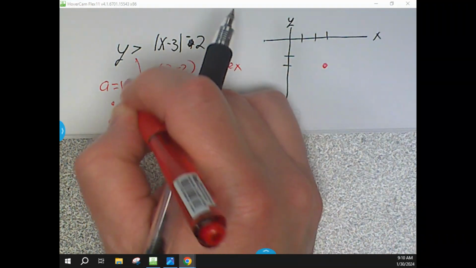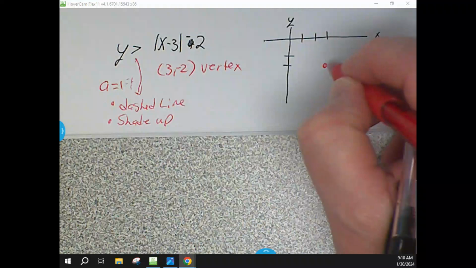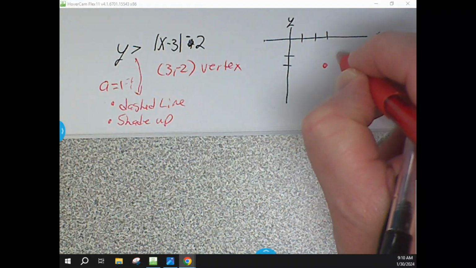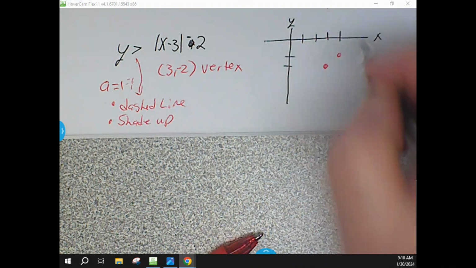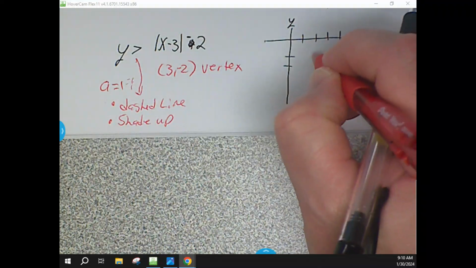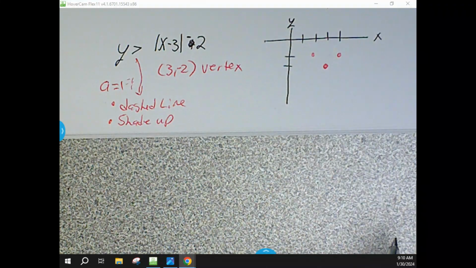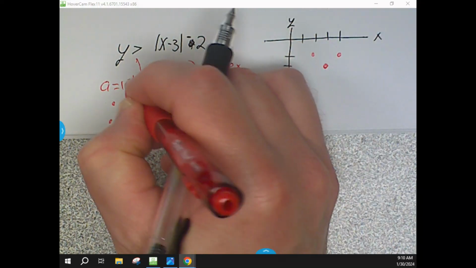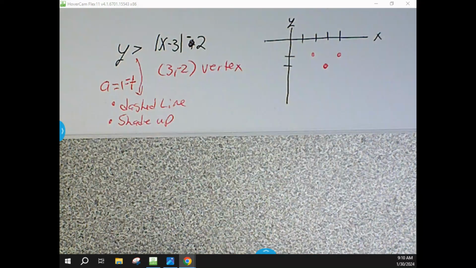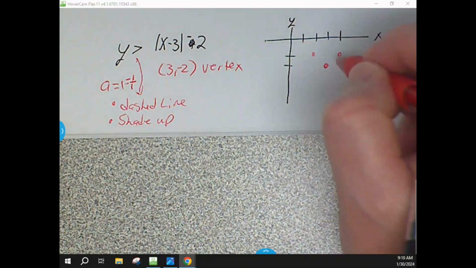Okay, A value is 1. So again, we should be going up 1, over 1 to get this point. Up 1, point to the left to get the next point there. Okay, again, big difference is when you're going to draw this one now.